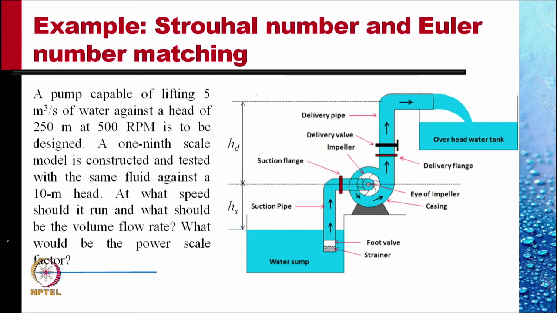Let's do another example where Strouhal number and Euler number matching is to be done. This is related to a pump which is taking water from a water sump and pumping it to an overhead water tank.